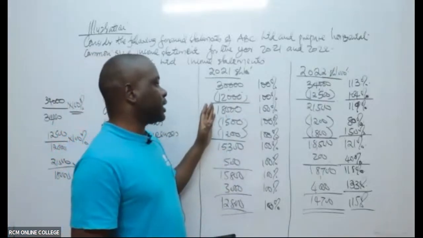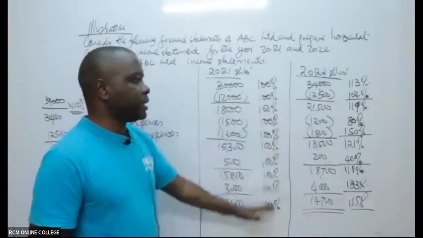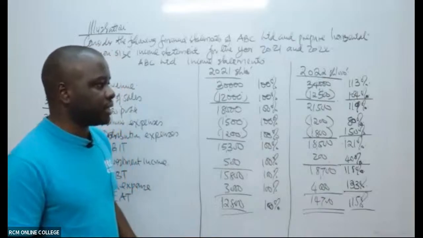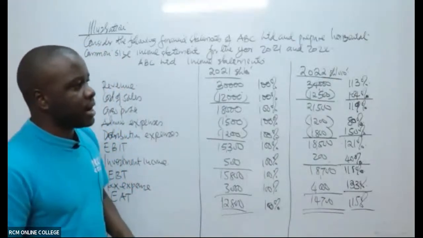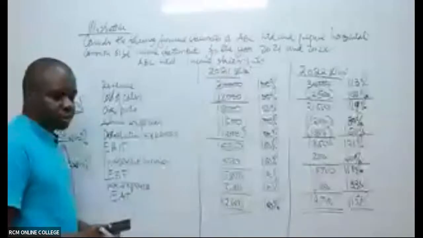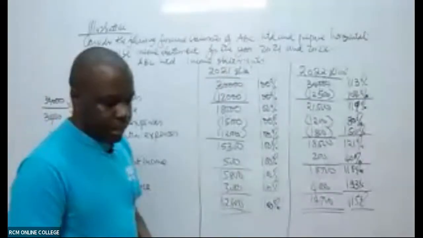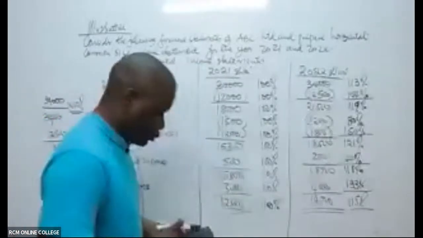Figures are not likely to tell you the trend very easily, but when you put them into percentages, you can see a trend arise. So that is how you do the horizontal analysis.